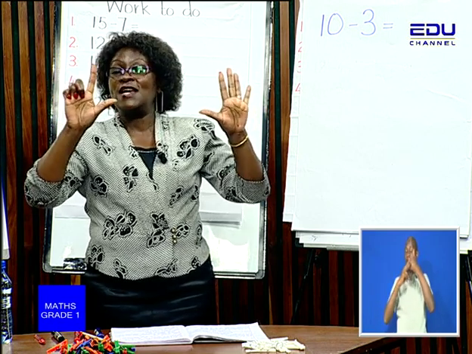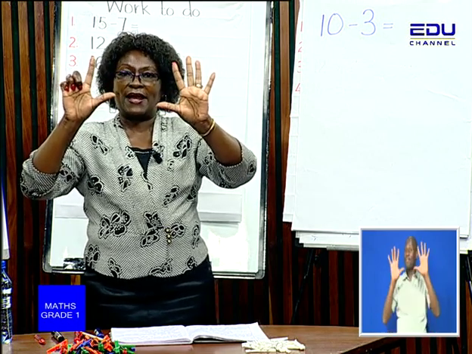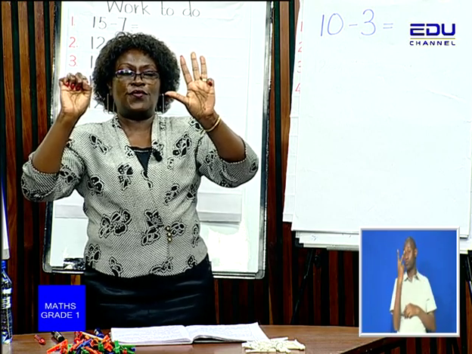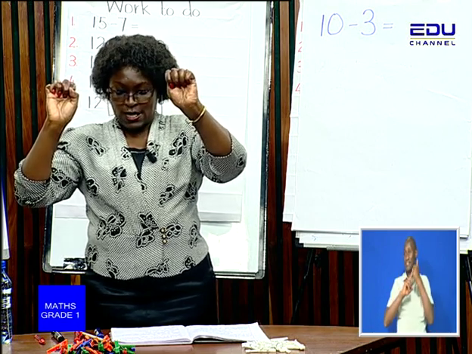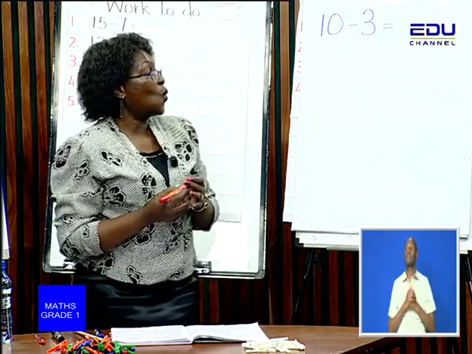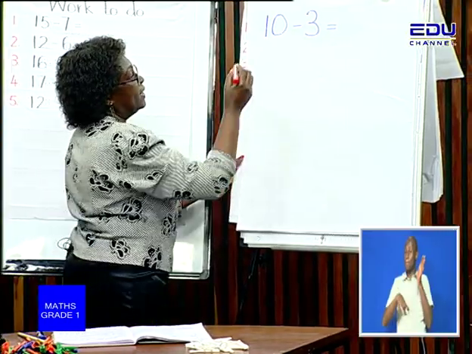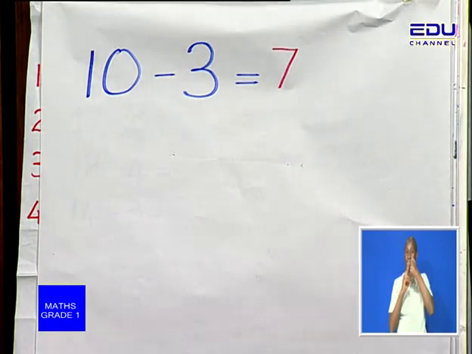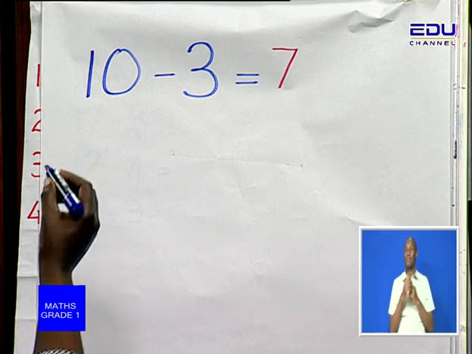I have counted 3 steps. How many fingers am I left with? 1, 2, 3, 4, 5, 6, 7. So 10, take away 3, I got 7 by counting backwards.